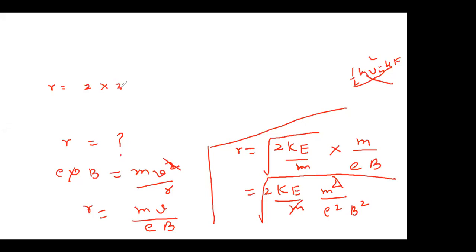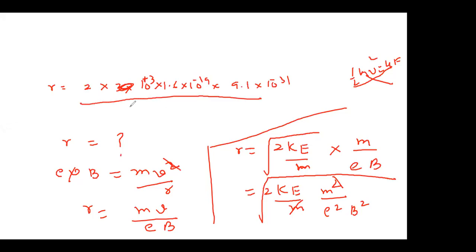3 into 1 kilo, that is 10 raised to minus 3. 2 into 10 raised to minus 3. 1.6 into 10 raised to minus 19, mass is 9.1 into 10 raised to minus 31.